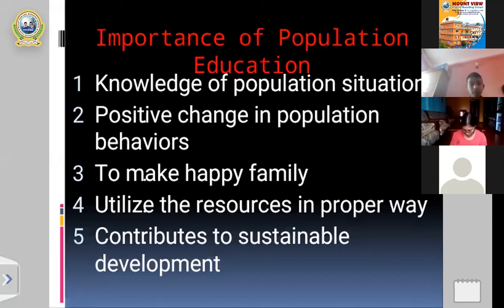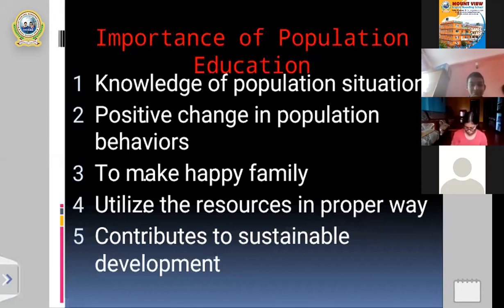When we discuss the concept of any topic, if you know the concept, then we can easily know the different importance, like different objectives as well.